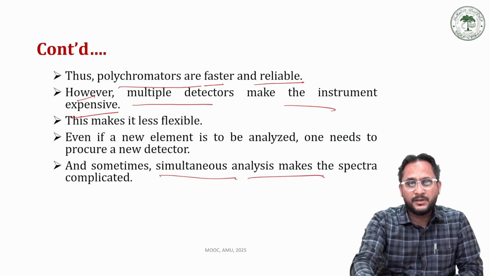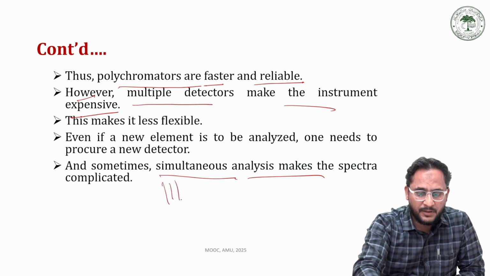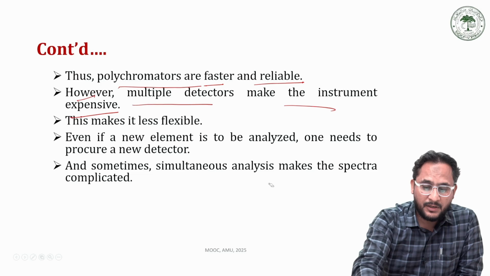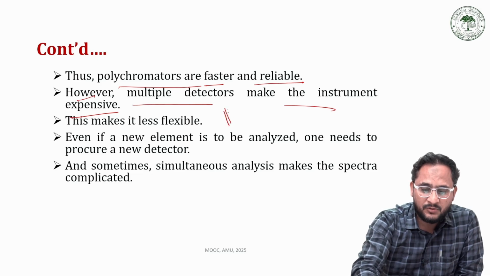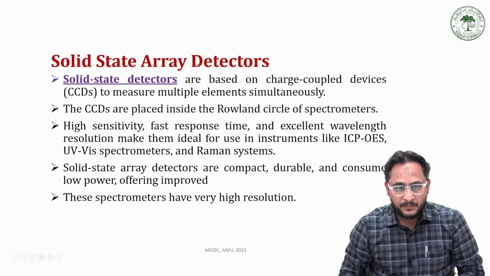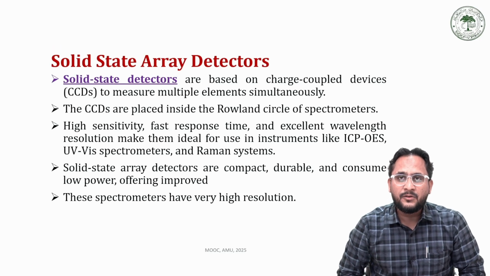Since we are going for a large number of samples at a time, we may have more spectral lines which may complicate the spectrum. Then there comes the last topic of today's discussion, the solid state array detectors.